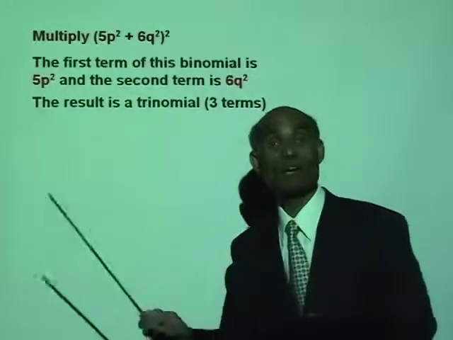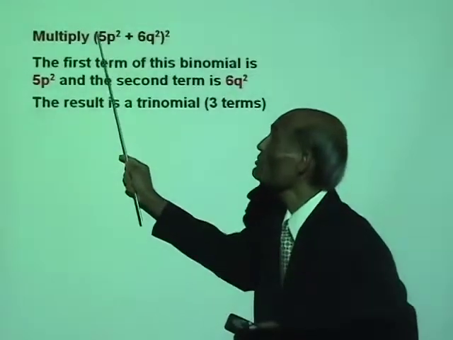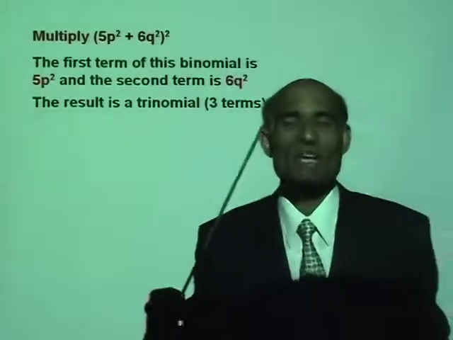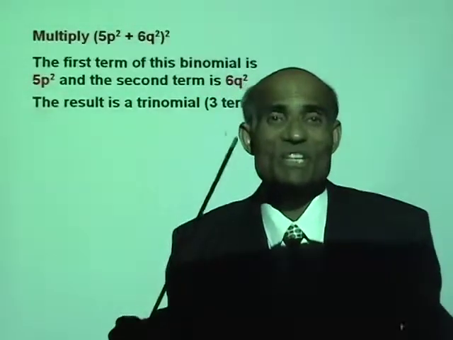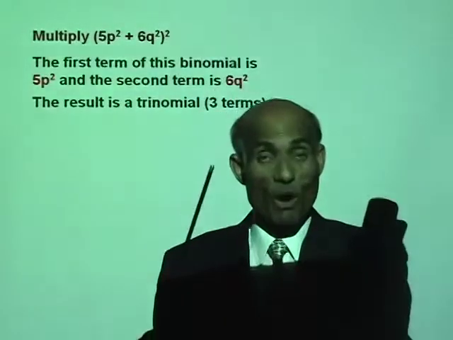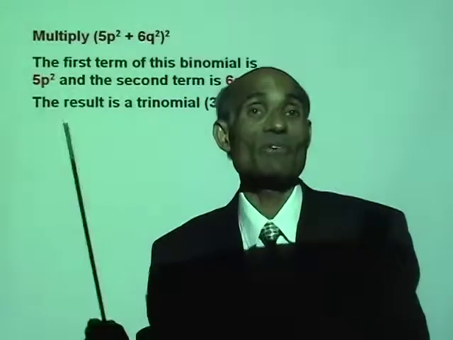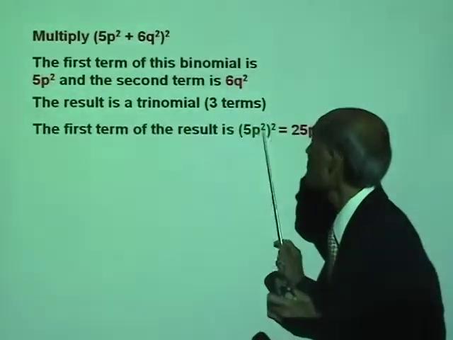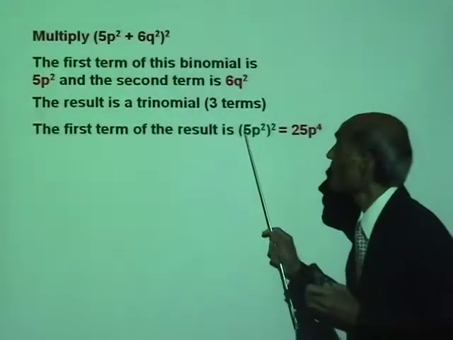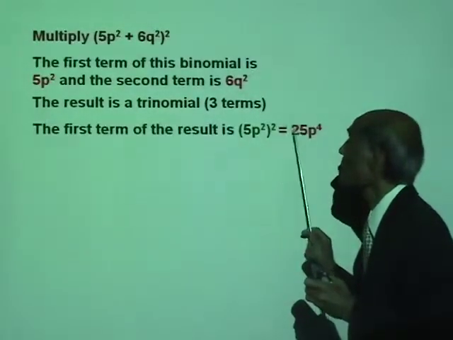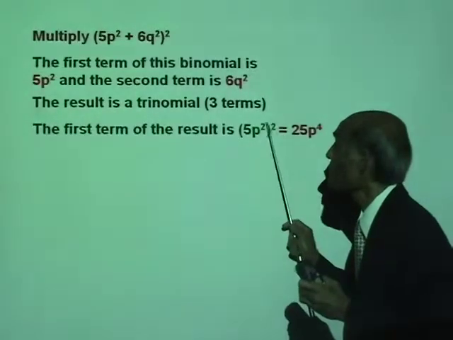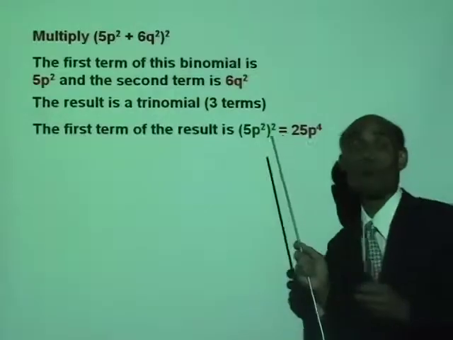What will be the first term? The first term will be the square of 5p squared. Can you tell me in your mind, if you take 5p squared and square the whole thing, what will be the result? 5p squared all squared will be 5 squared is 25. p squared squared, multiply the powers, will be p to the power of 4.